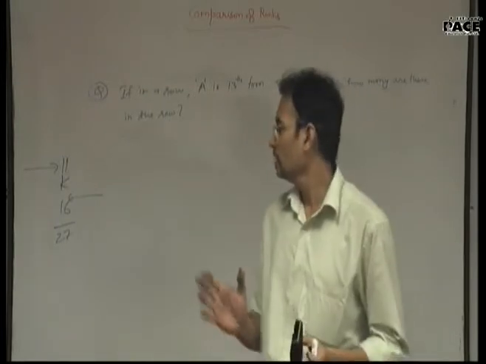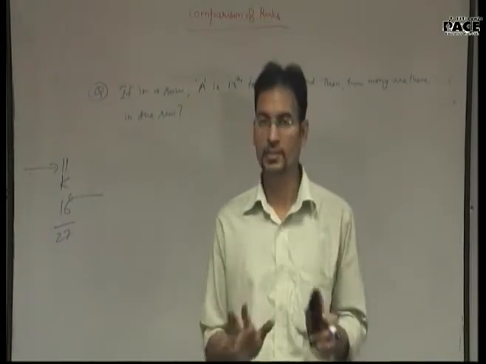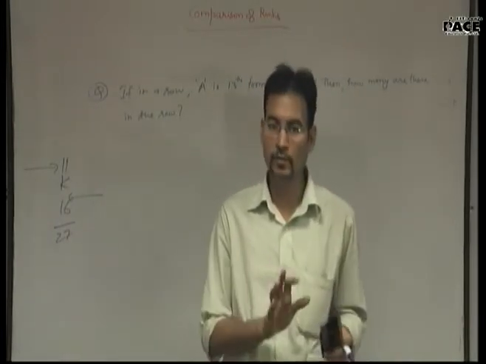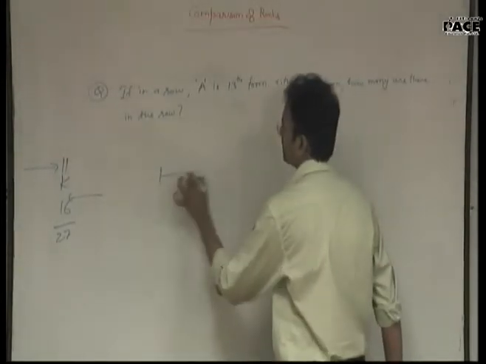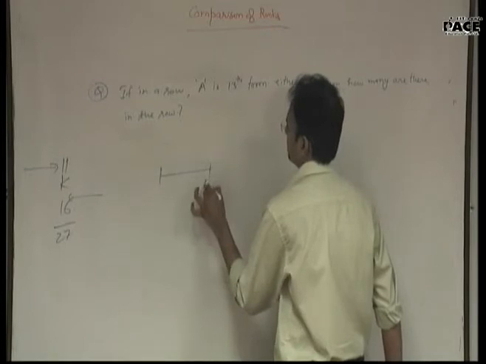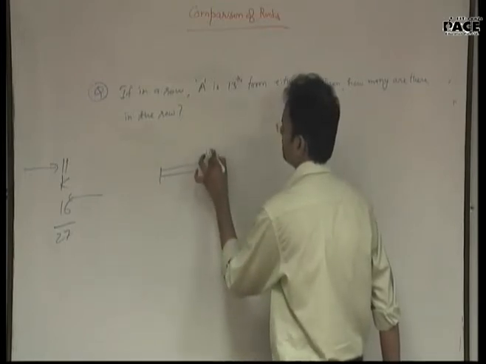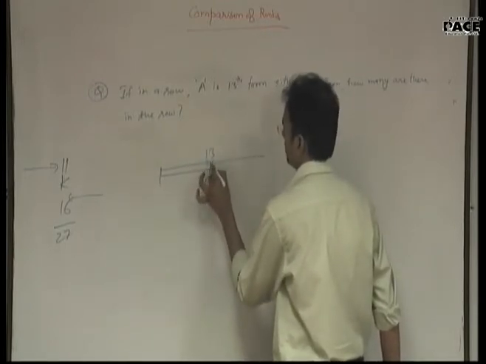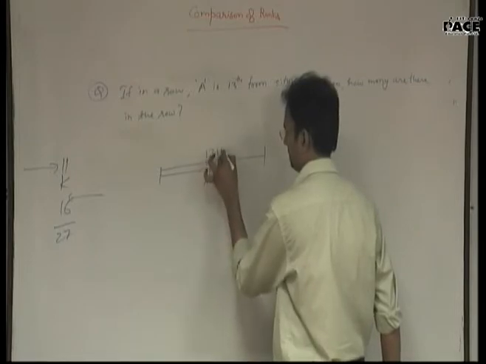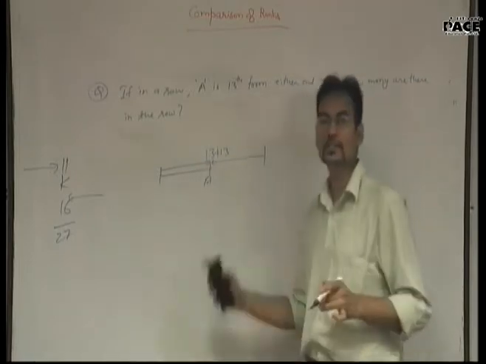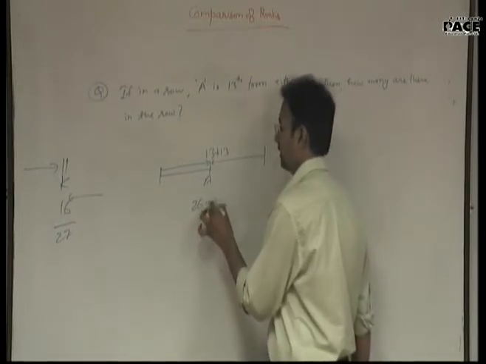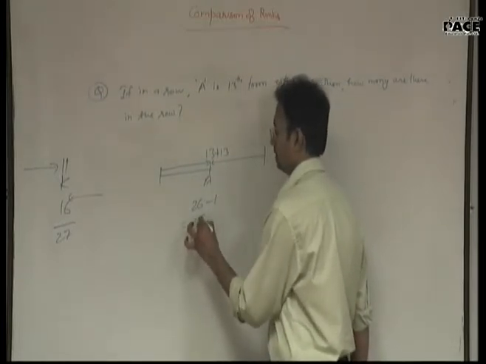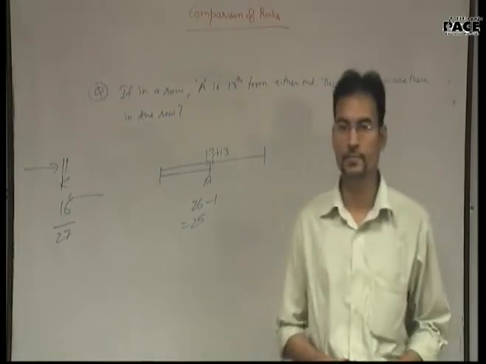The reason being, we are counting the same position twice, so we have to subtract 1 from it. And similarly here also, this A is 13th from left and 13th from right. We are counting the same position twice, 26, so we have to subtract 1, 25.